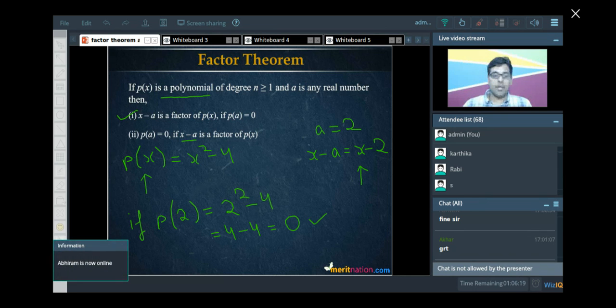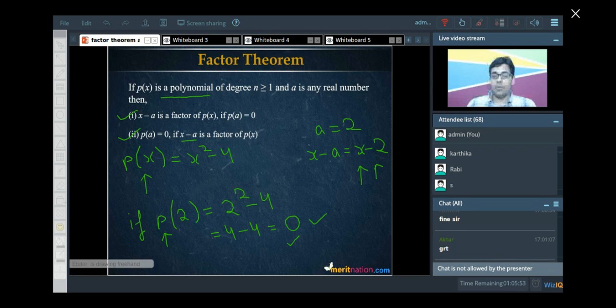Then we will talk about the second point here. p(a) equals 0 if x minus a is a factor of p(x). Or the first point is x minus a is a factor of p(x) if p(a) equals 0. They are just converses of each other. So if x minus 2 is a factor, then p(2) becomes 0.